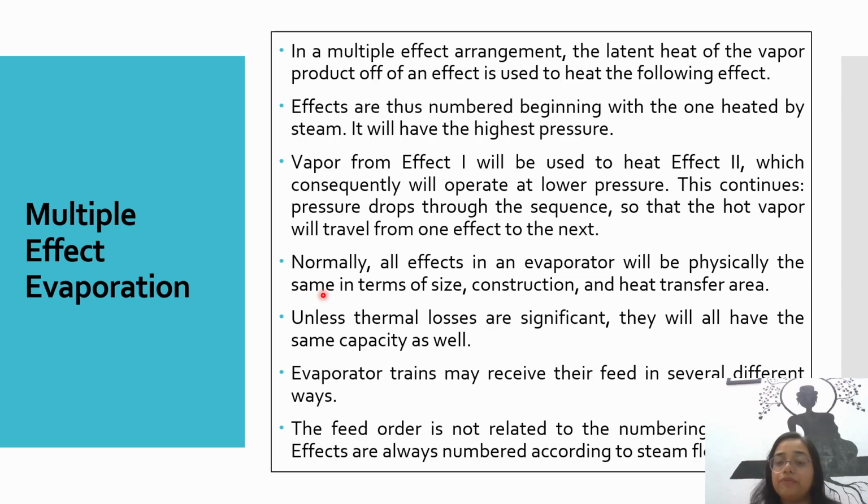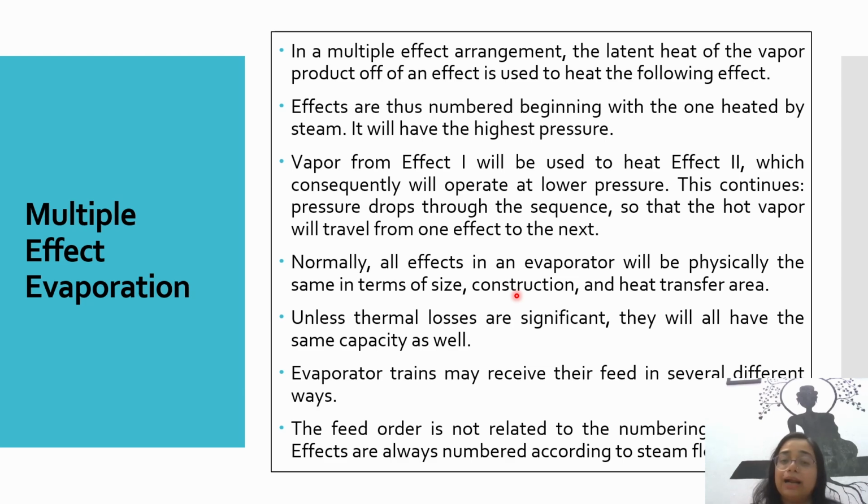And again evaporation will take place and some vapor will be produced, and that vapor produced from the effect 2 will be consecutively used in the effect 3 as the heat source. Likewise it will go. So in case of the multiple effect, the steam will be introduced in one effect only, but the vapor from consecutive evaporators will be used as the heating source.